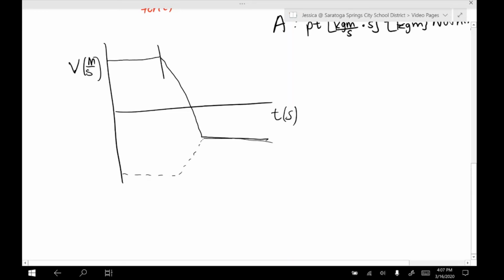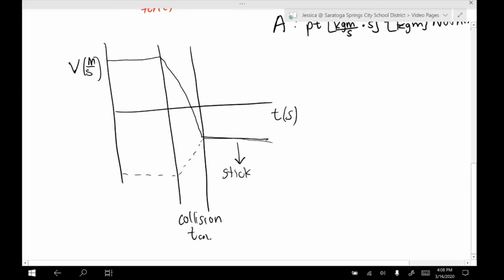So this section here is our collision section, and we could actually find time from that. We could find how long the collision took place, and then the fact that they have the same velocity after the collision tells us that they stick together.